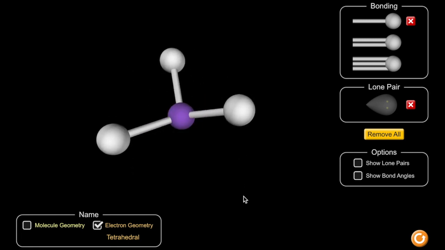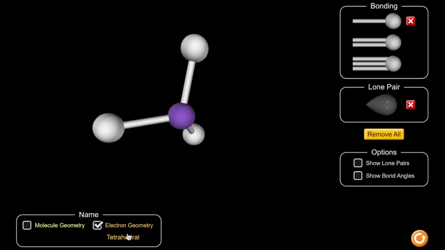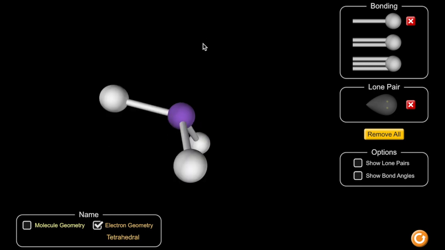The question then is, what would we call this structure? We can't call it tetrahedral because tetrahedral means that it has another thing sticking out on this side. So what should we call it? That's when we need to come up with a different name for it, which we call the molecular geometry. It is the name of the shape that we actually see. The electron geometry is the name of the shape based on the number of electron pairs that are around the central atom.